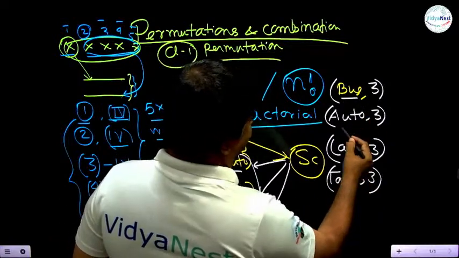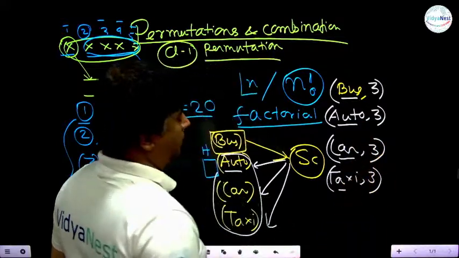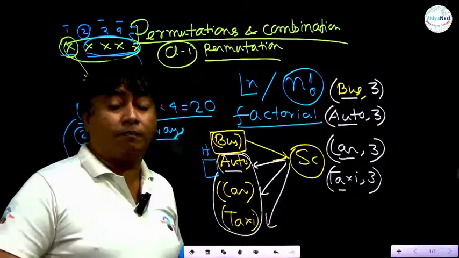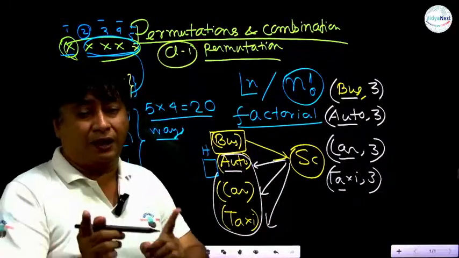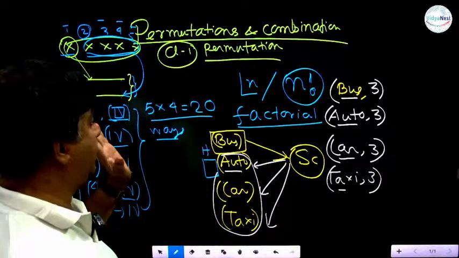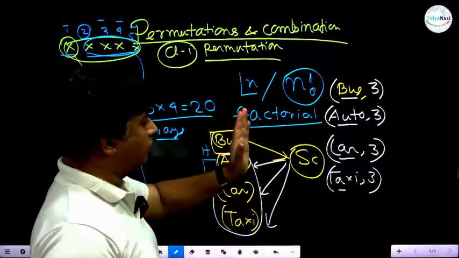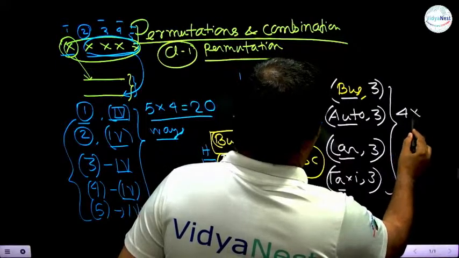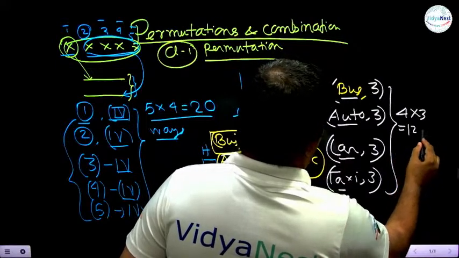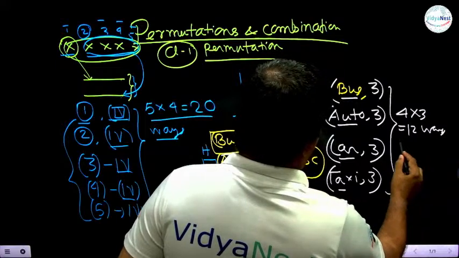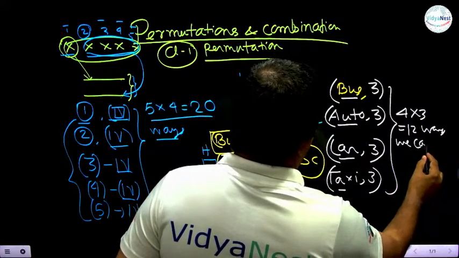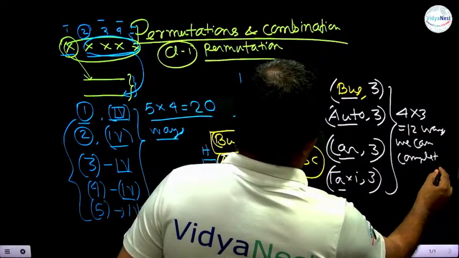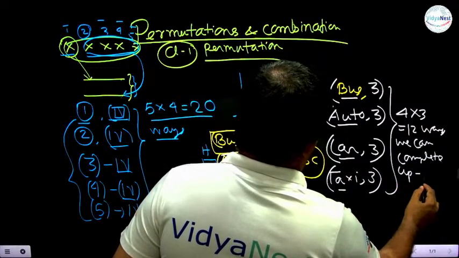So each of these 4 vehicles has 3 options to provide you the up and down journey. So total 4 into 3, 12 ways we can complete one up and down journey.